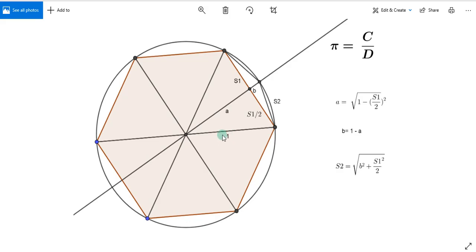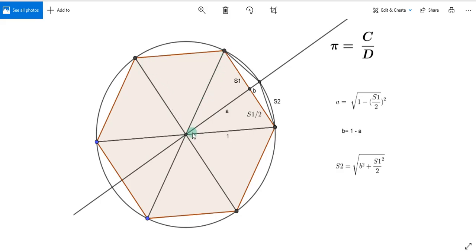Here 1 unit means this is the midpoint of the circle and the midpoint of the polygon as well. So from here to here it is 1 unit, the radius is 1 unit. If this is 1, then this is also 1, because the radii are equal.